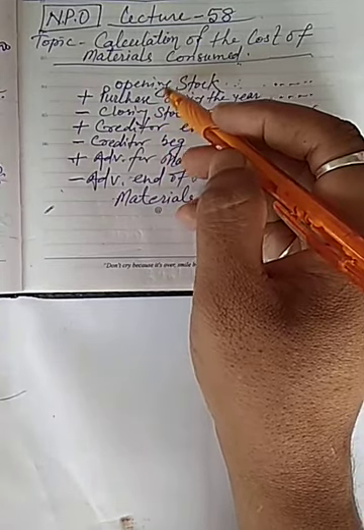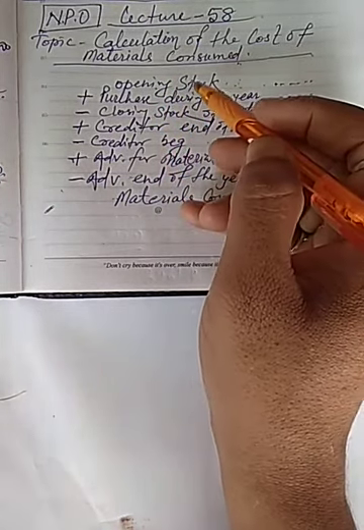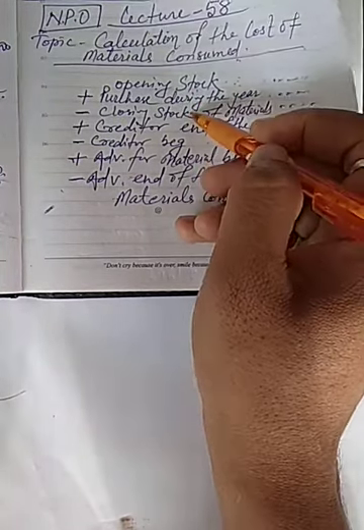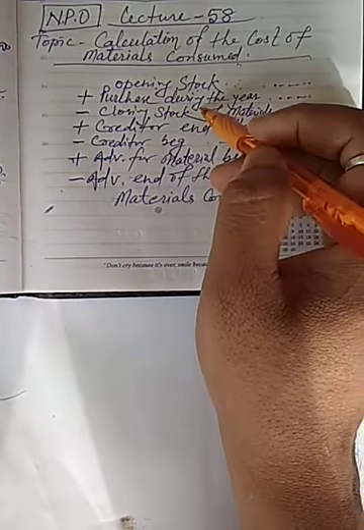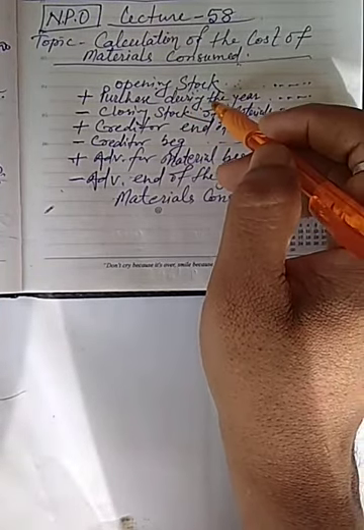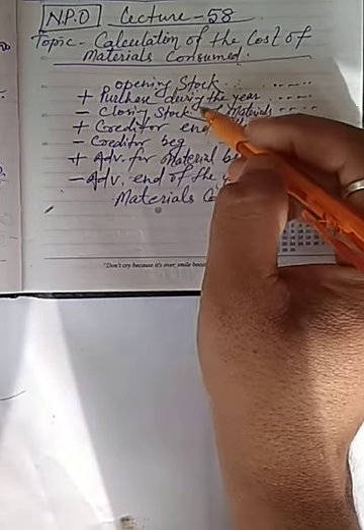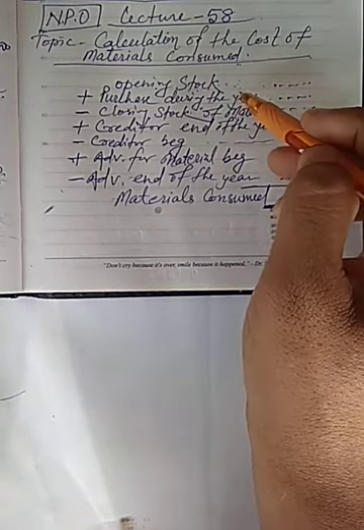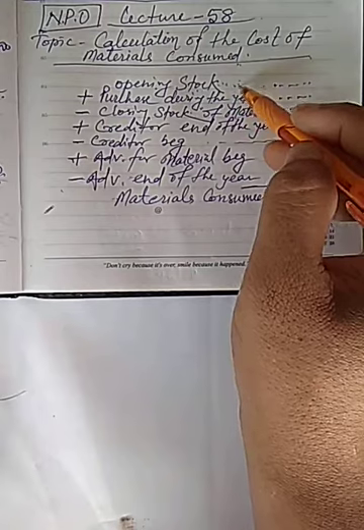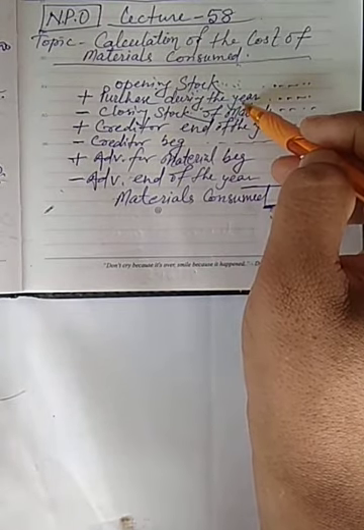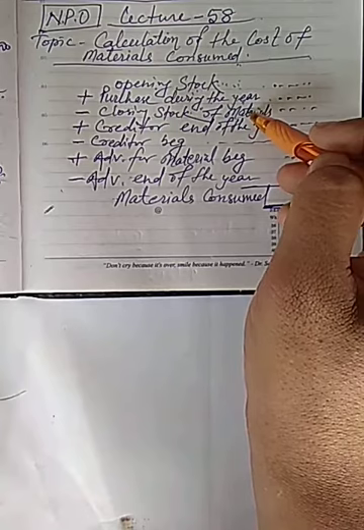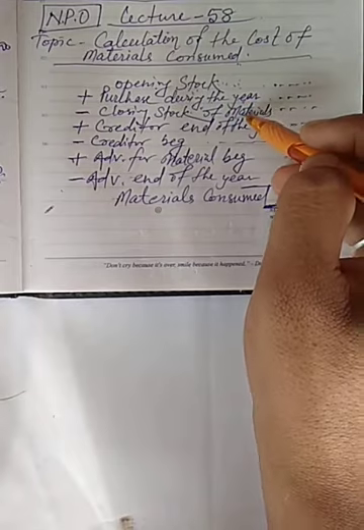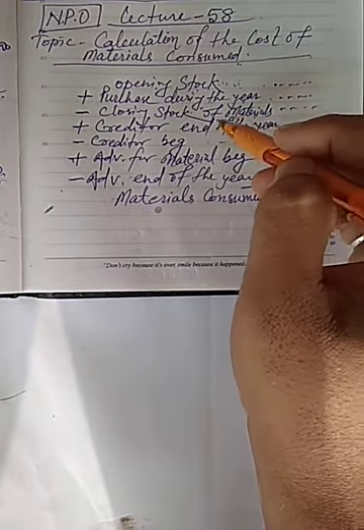In the morning you have 5 rupees and your father gives 8 rupees. It means purchase during the year. Then you have 8 plus 5, 13 rupees. And in the evening you have left as closing stock only 2 rupees.